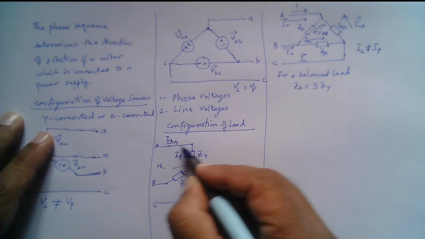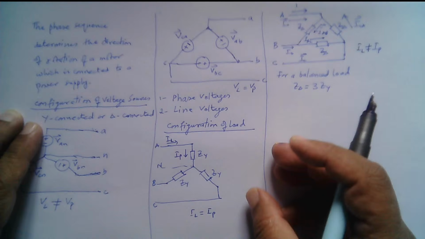One more point, when we talk of voltages, phase voltages and line voltages, we imply the phase voltages and line voltages of the source, right? And when we talk of the line current and the phase current, we imply the line current and the phase currents flowing through the load, right?